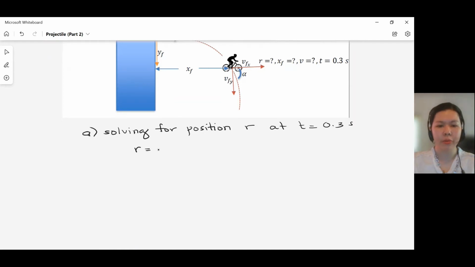R is equal to the square root of xf squared plus yf squared. So it is clear that we still need to solve for xf and yf in order to obtain r, using now equation 3.5 to obtain xf.